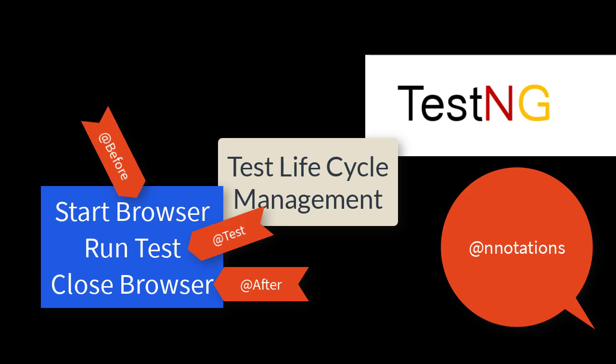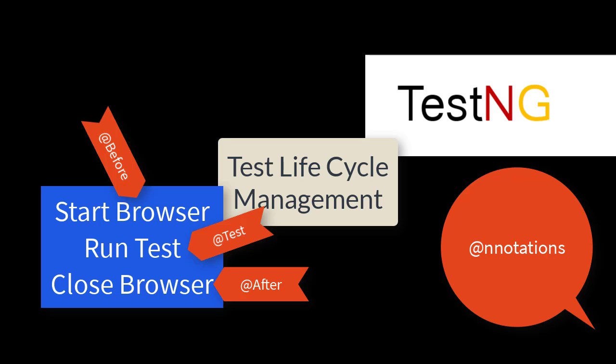With test lifecycle management provided by TestNG, we can get rid of the main method that we are using so far. Instead of the main method, you can write your methods as @Before, @Test, @After for firing up the browser, running the test, and closing the browser.